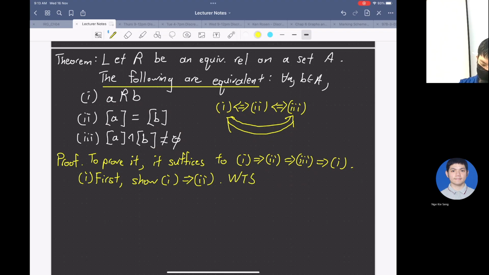So we want to show that two equivalent classes are the same, right? So what is an equivalent class? All the elements that are related to the element, the representative.